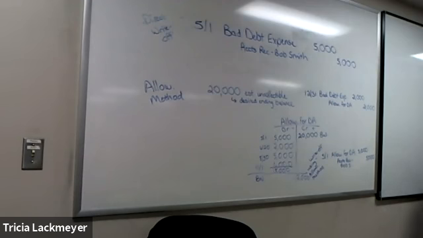So allowance for doubtful accounts is a permanent account. It just keeps a balance. It can have a debit balance or a credit balance, so it's kind of special, because most of our accounts have either a debit or credit ending balance. Any questions on that? Okay.